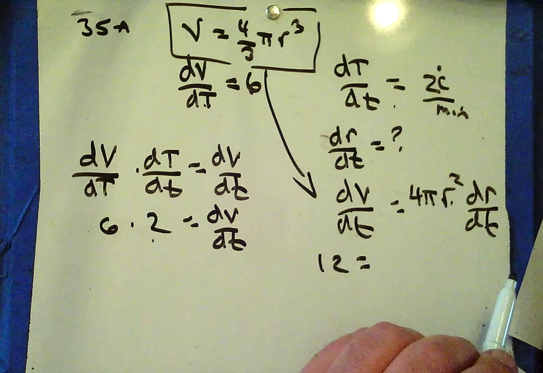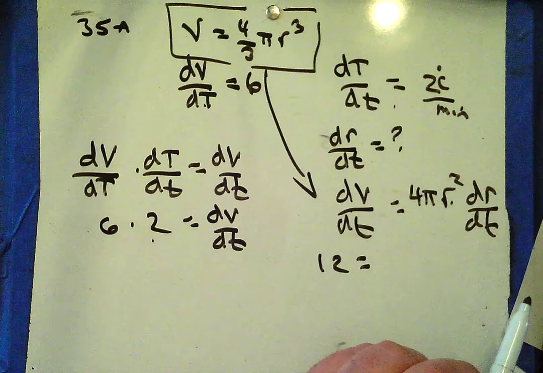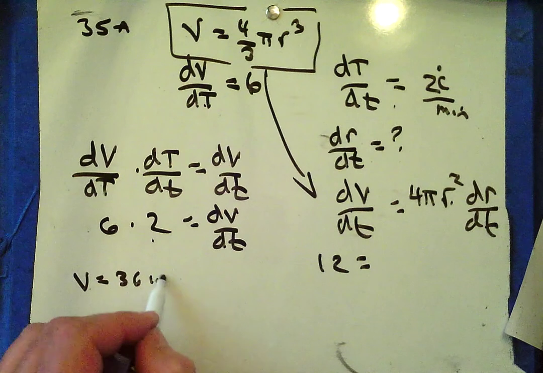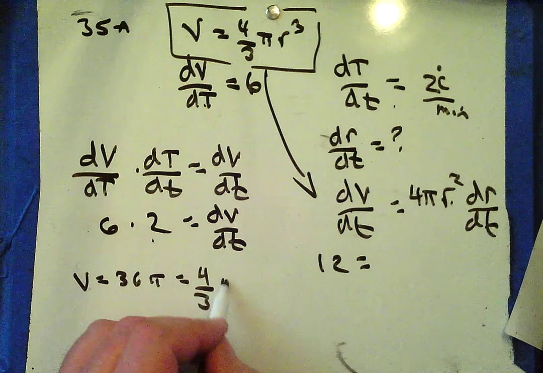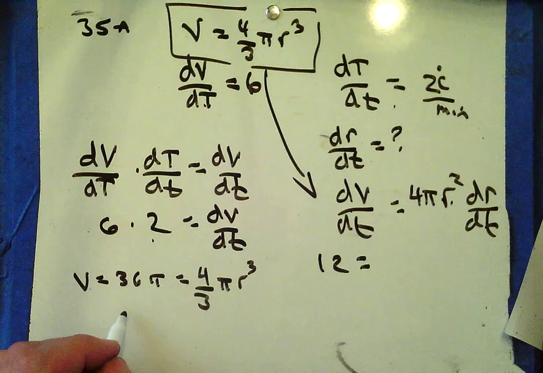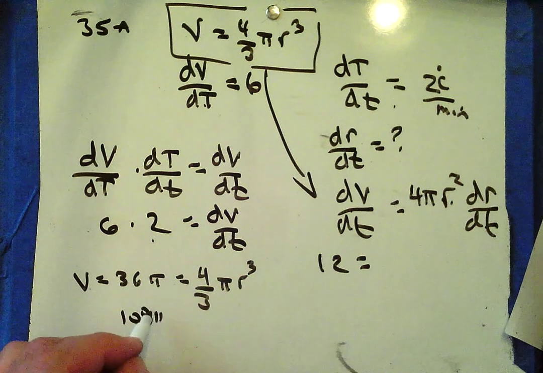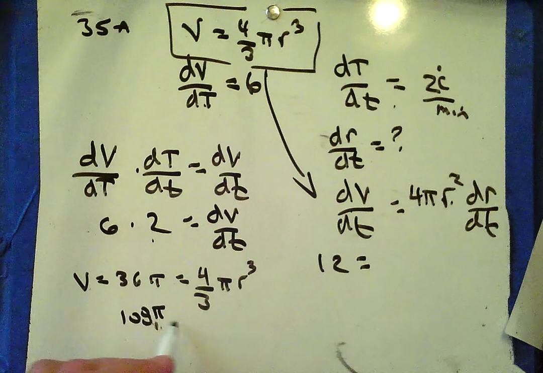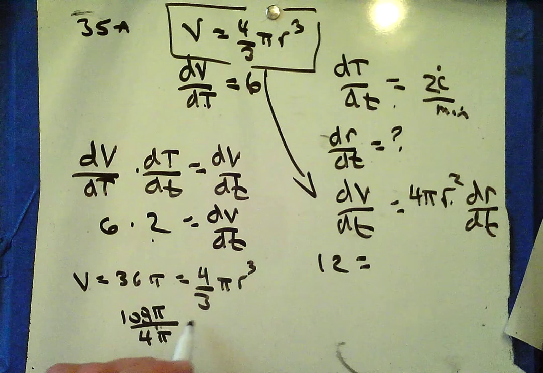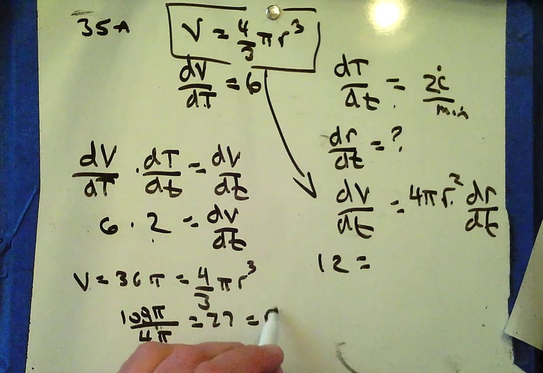And I need a radius. It says here when volume is 36 pi, and that's 4/3 pi r cubed. So I get 108 pi divided by 4 pi, which is 27.